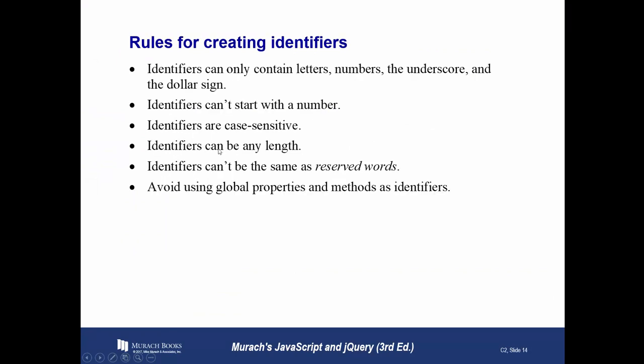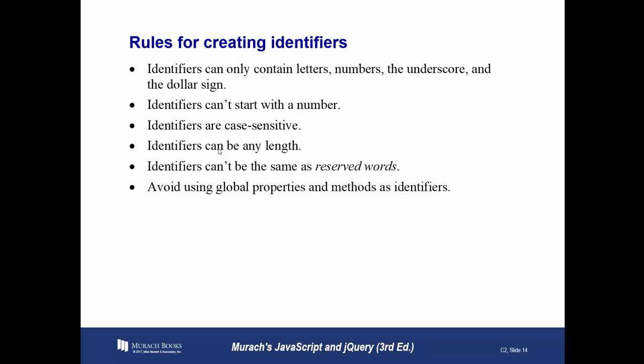When you create your own variables and your own methods and your own classes, etc. in the JavaScript programming language, those are called your own identifiers. Identifiers have their own rules for how they're named.